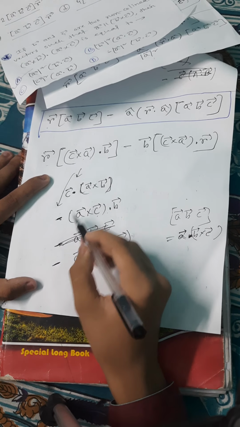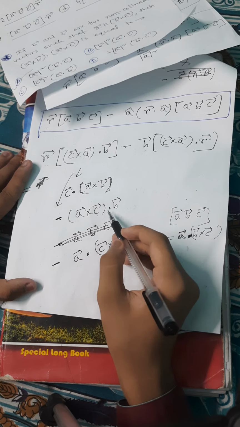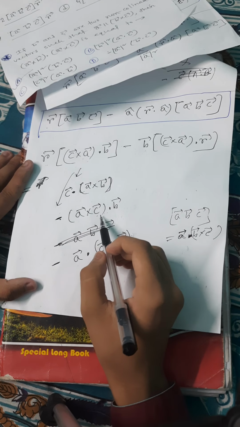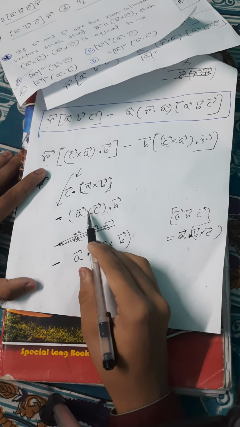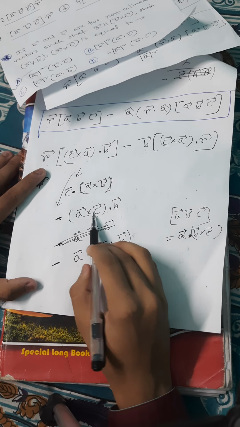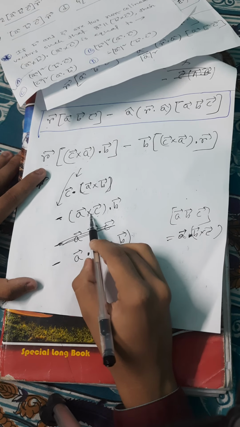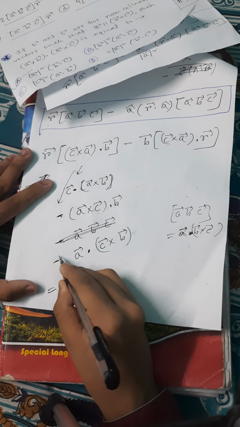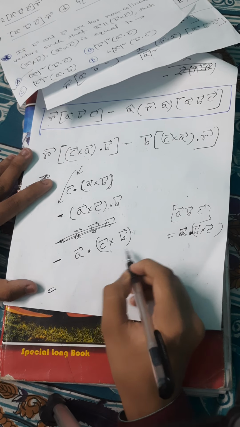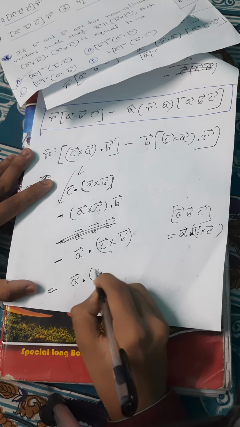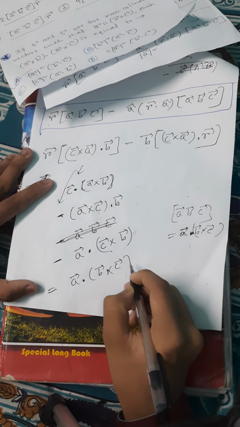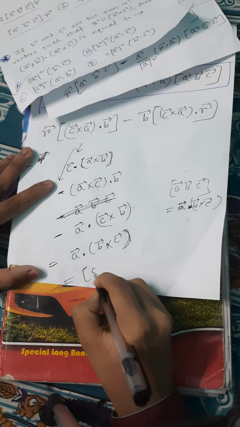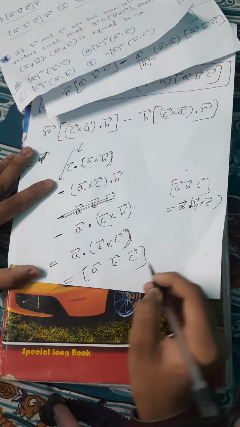So minus a cross c, c cross a cross c dot b, and change the order now. So a dot c cross b, and now change the order of the cross product again. So a dot b cross c. Okay, see how? So this is ABC.